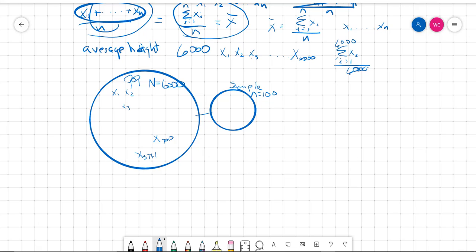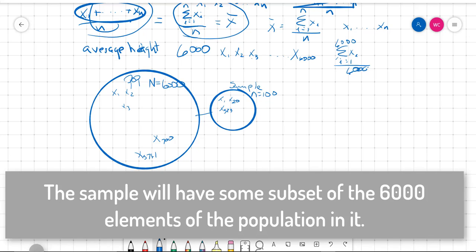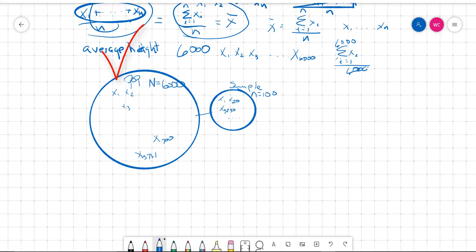Now it's easier to measure all 100 people's heights instead of 6,000 people's heights. So anyway, we have x1 here, and we have maybe x20 in there, and x5230. But whatever, we only have 100 of them. That's a sample from here. So we have 100 elements in here, which are drawn from the full population.